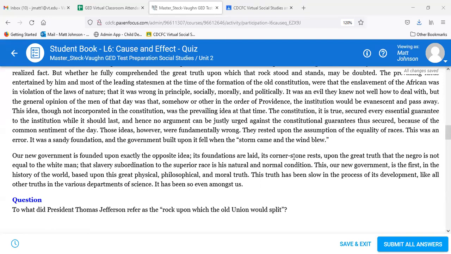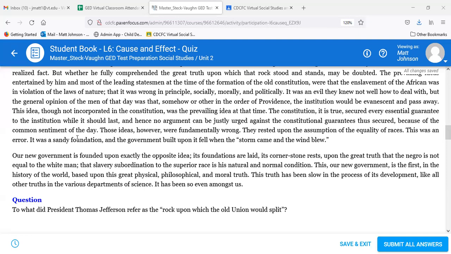Its foundations are laid, its cornerstone rests upon the great truth that the Negro is not equal to the white man. That slavery, subordination to the superior race, is his natural and normal condition.